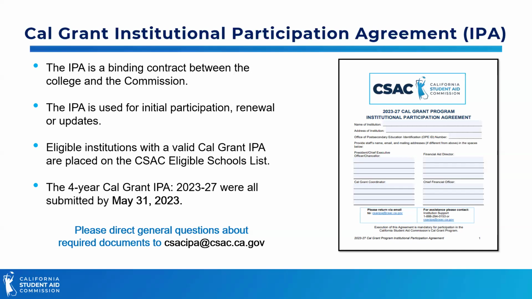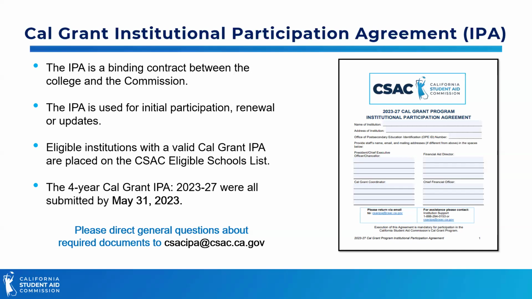It's going to be used, again, for initial participation and renewals or updates. And we'll talk more about the times when an update is needed on the next slide. Eligible institutions with a valid Cal Grant IPA are going to be placed on our CSAC eligible schools list that we've talked about in the previous session.